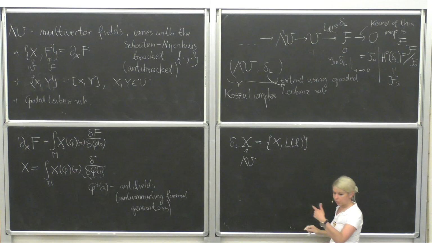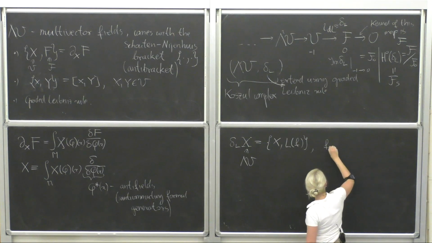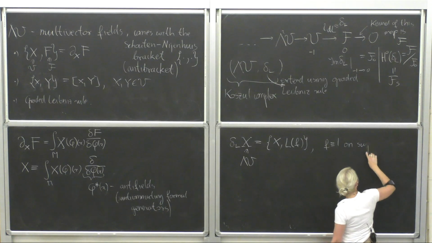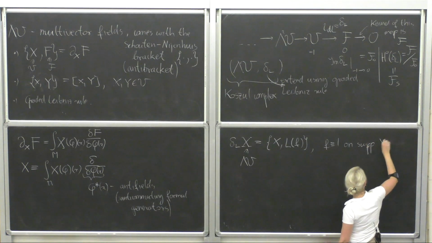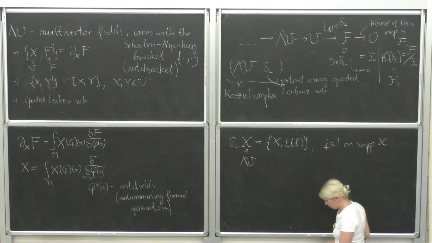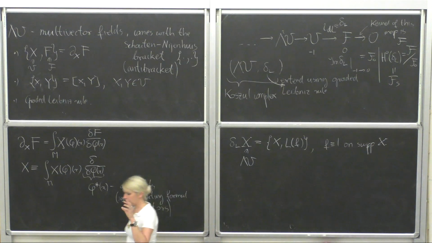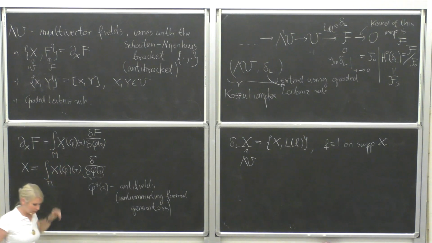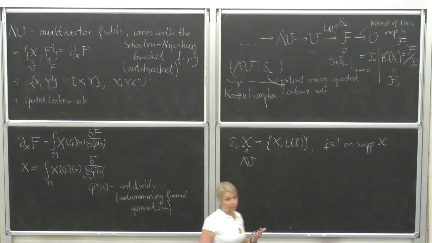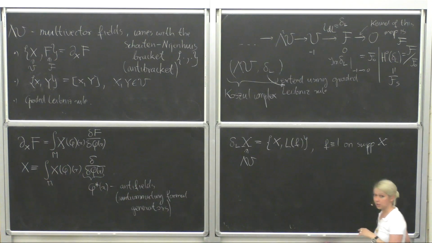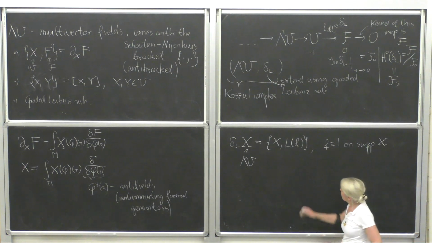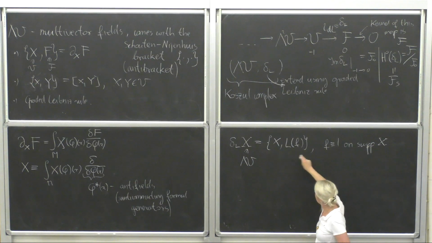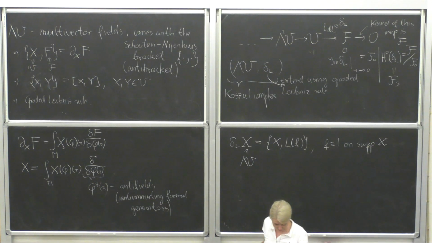So I need to put a cutoff where f is identically 1 on the support of X. And again, the notion of support is similar for the multivector fields as it was for the functionals. It's just an analogous definition. So locally you can write this differential using the bracket.